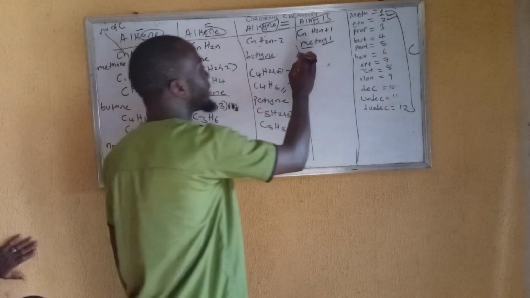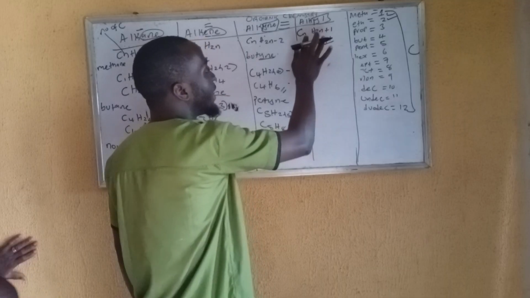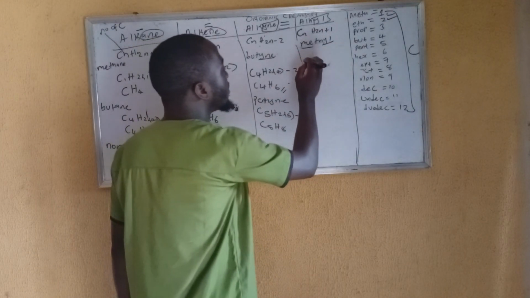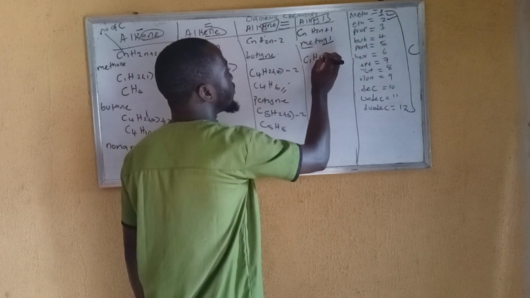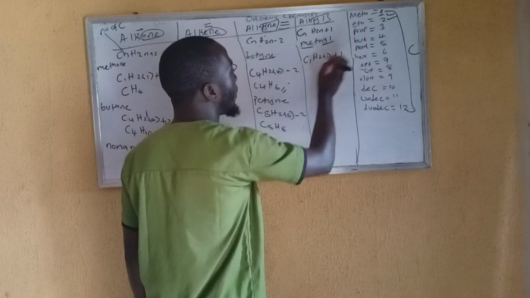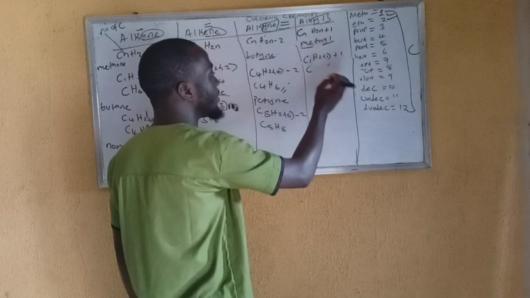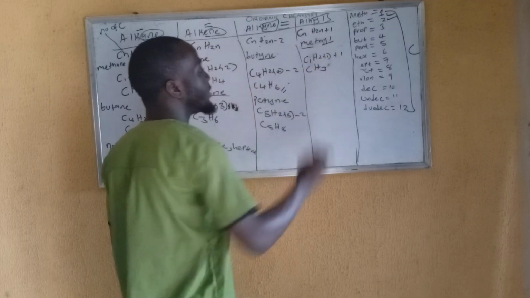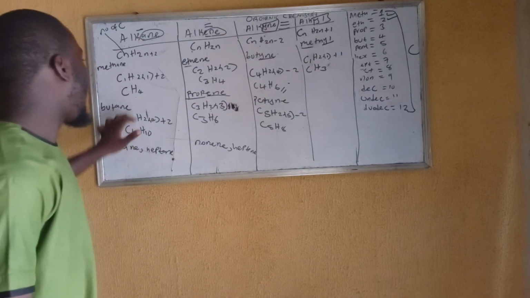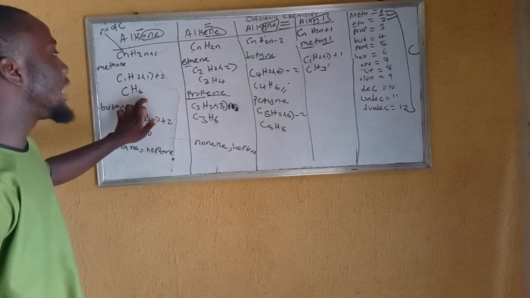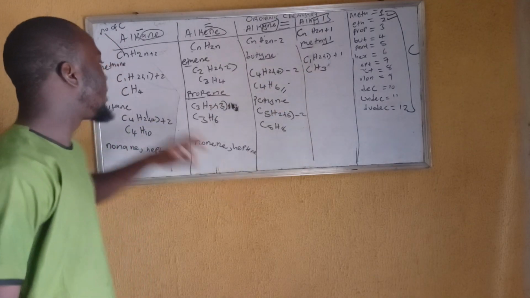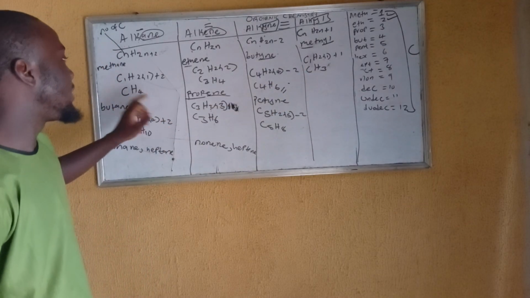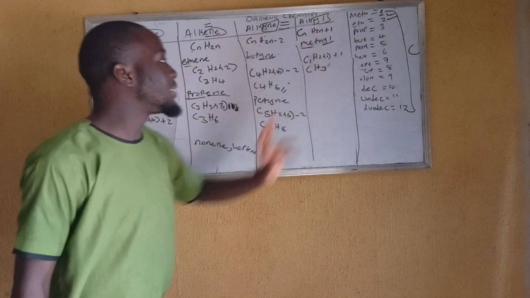So I said meth, meth means 1. Anywhere I see n here, I put in 1. So this one will be C1 H2(1)+1, which is C1 is C, H, 2 times 1, 2, plus 1, 3, CH3. Can you now see? Alkane, methane is CH4. Methyl is CH3. Just subtract 1 hydrogen. CH4, CH3.